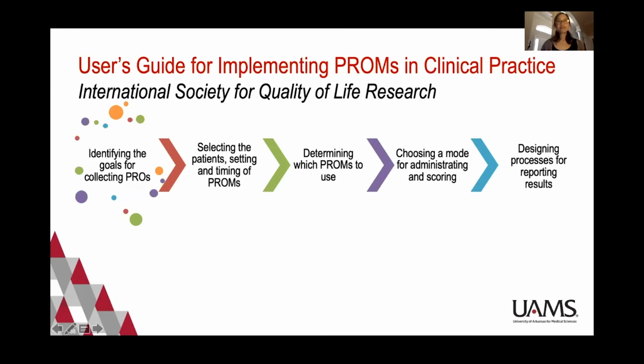So I would like to summarize the talk today by introducing you to another tool that you can refer to later on. It's a user guide for implementing patient-reported outcome measures in clinical practice, provided by the International Society for Quality of Life Research. So these are 8 steps to implementing PROMs.